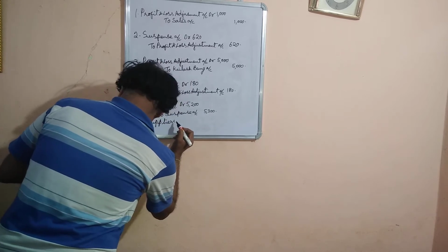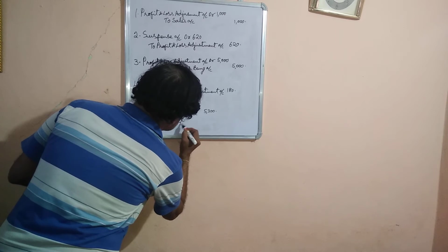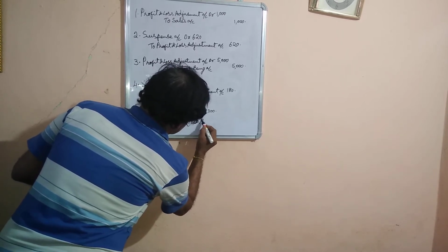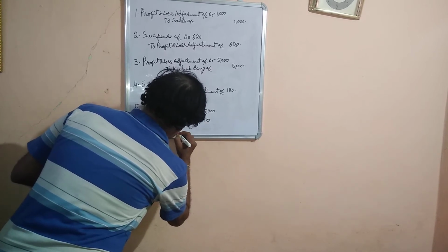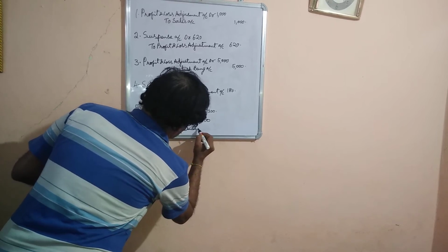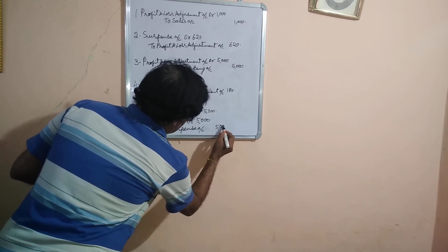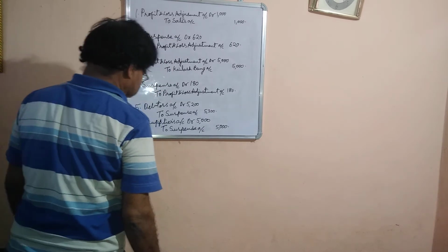Supplier's account debit, 5,000, to suspense account, 5,000, being excess money shown in supplier's account now rectified.